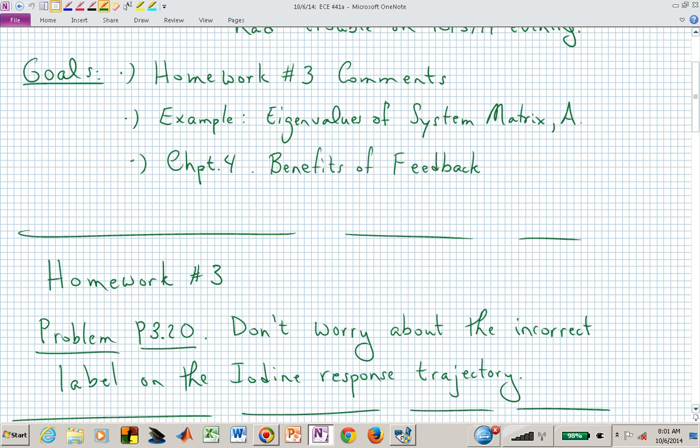Homework number 3, there's several assigned problems. Maybe there are some issues with those problems, or some comments that I can make that will hopefully minimize your uncertainty. There is basically a typo in problem 3.20 with respect to the curve. Don't worry so much about that.